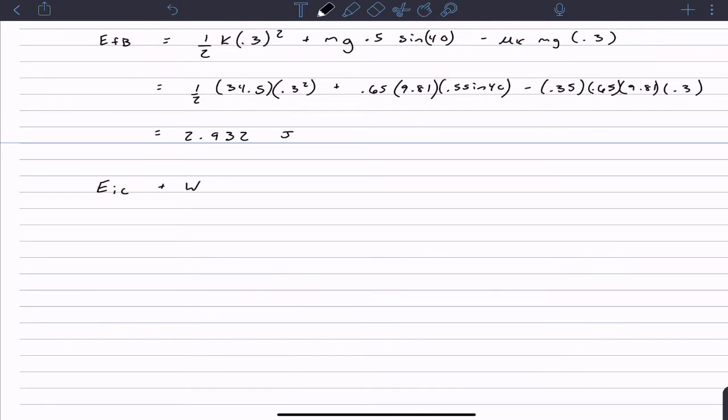There is no initial work, but I'm just going to write it down. E final C plus the change in the internal energy, which we know there is a frictional force, so that's going to be mu k Fn dot S equals, let's make sure I got this.